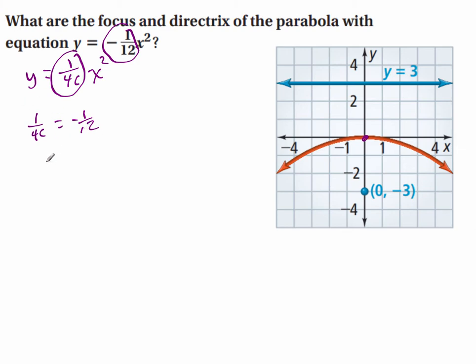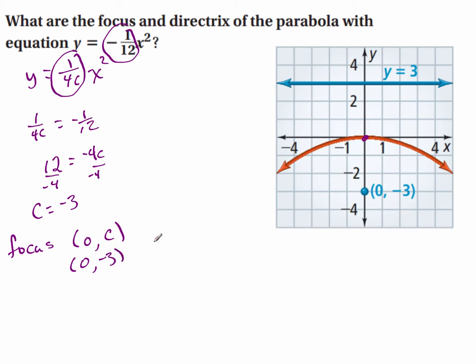Now I'm going to cross multiply. So 12 is minus 4c. Divide through by negative 4. So c is negative 3. I know the focus is (0, c). So the focus is going to be (0, negative 3).